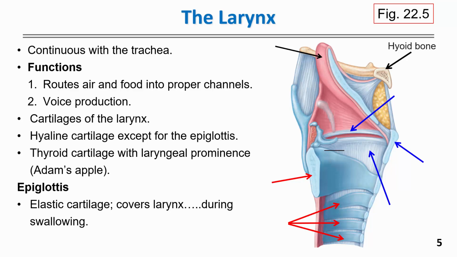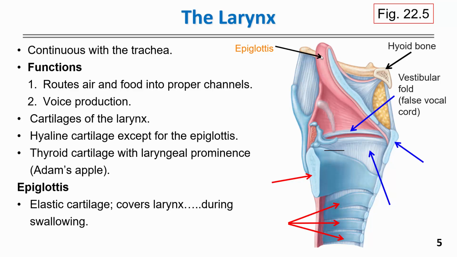So the epiglottis will move inferior and close off the trachea as we swallow that food. And that's illustrated right here on the right hand side. So here you see this elastic cartilage that when we attempt to swallow food, this epiglottis will move in an inferior manner and completely obstruct movement into the trachea so that the food will be routed in the posterior direction.